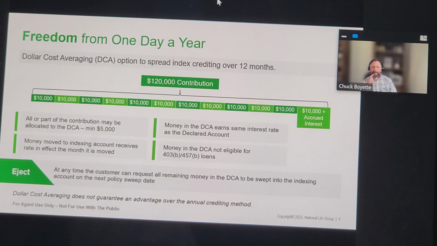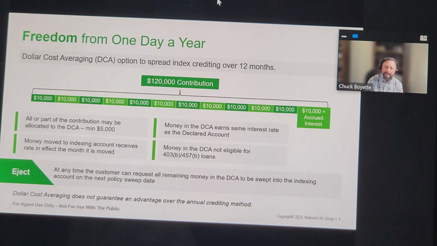It's not required, but they do have that option if they want to use it. The only caveat is you can't do that if you want to turn on income. If you want to illustrate income turning on in year 1, then it's not going to allow you to do the dollar cost averaging feature. But other than that, you can illustrate that out.